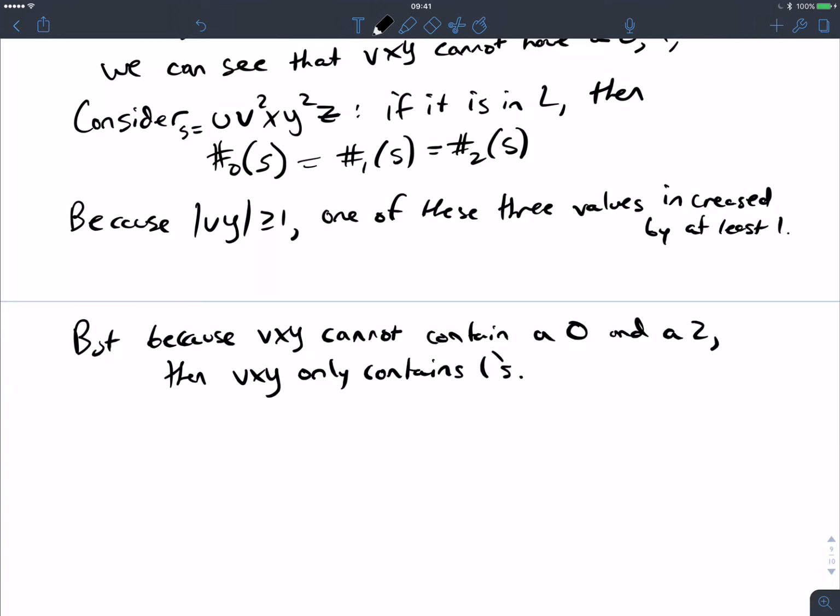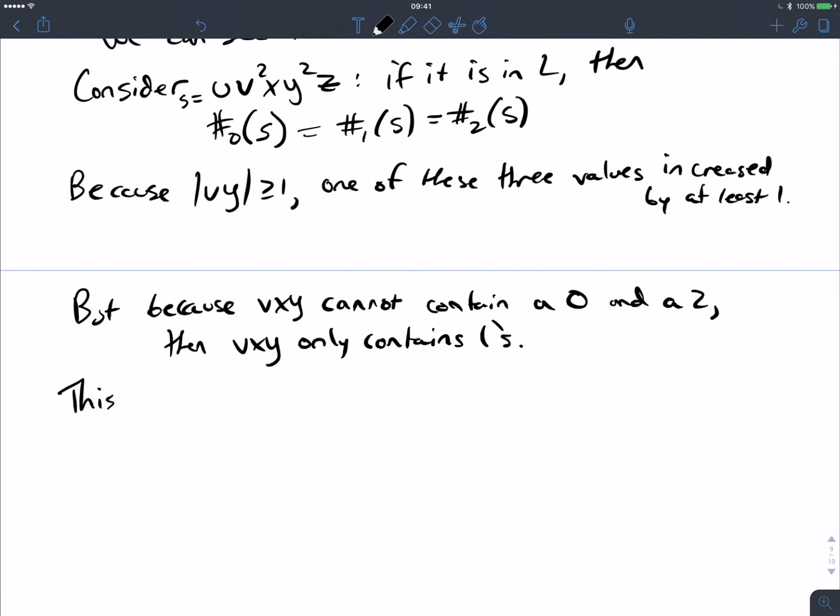That's the only possibility. We must not have increased either the 0s or the 2s, because those two values must be the same in order to stay in the language. But if VXY only contains 1s, what happened? That's the value that must have gone up.